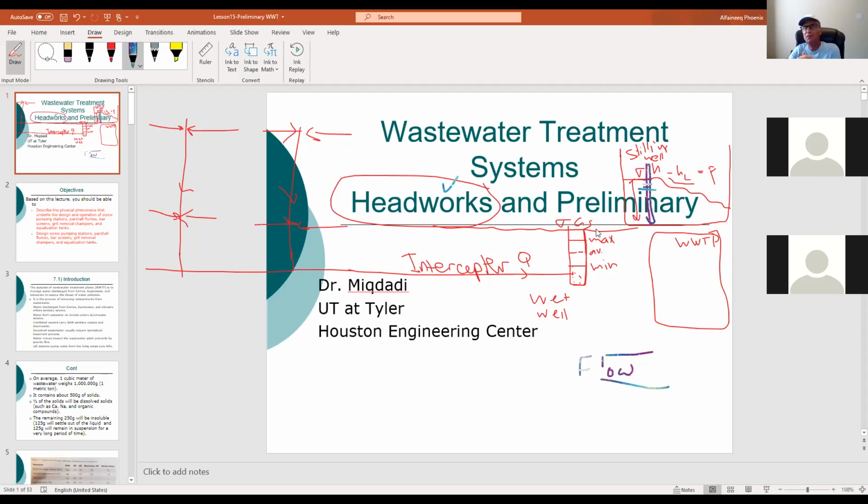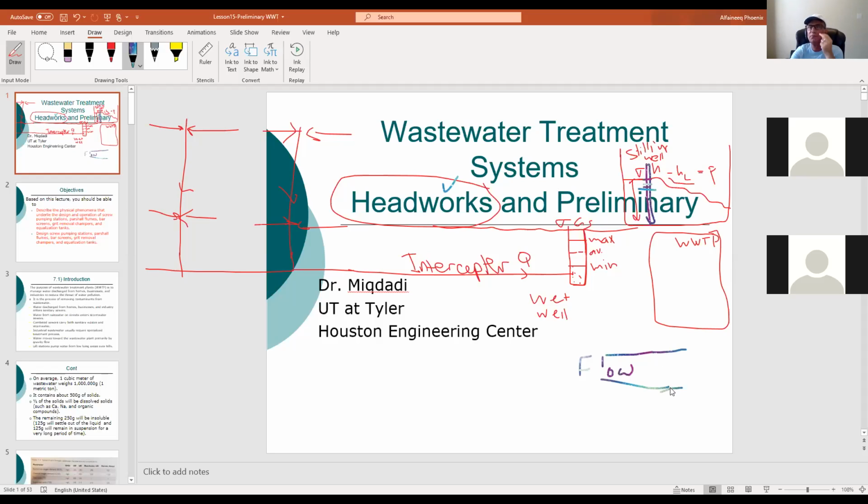Closed ones are not effective. Even the pumps are open. They are atmospheric screw pumps. You will see down the road. Same thing for the flow meter: we use a Parshall flume, open channel. So you need that as well. And you need screens. Screens are also always installed in open channel.